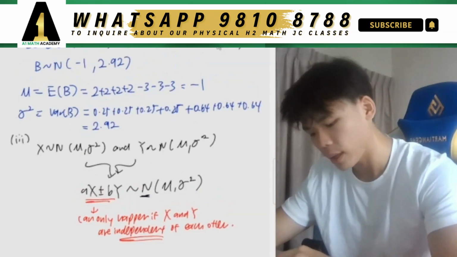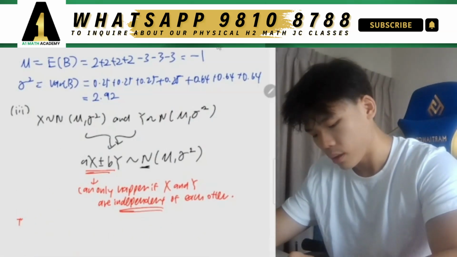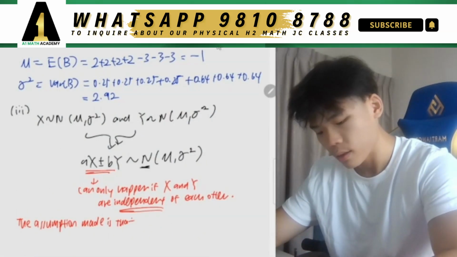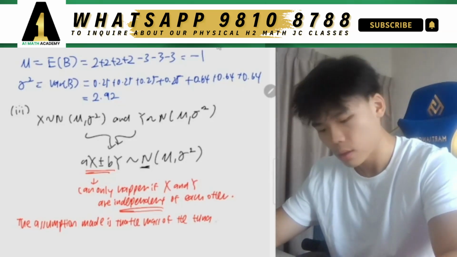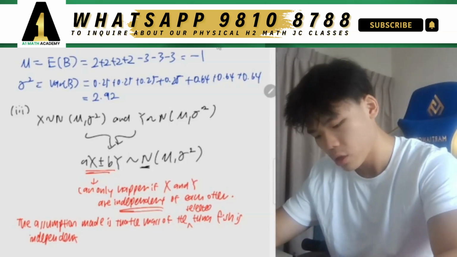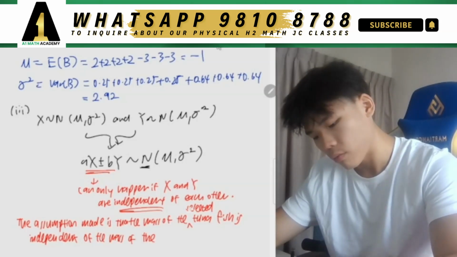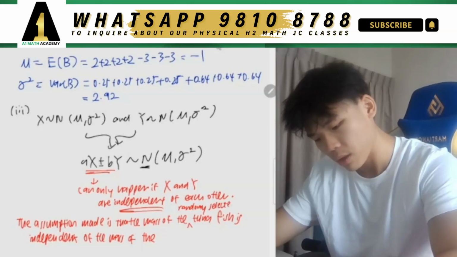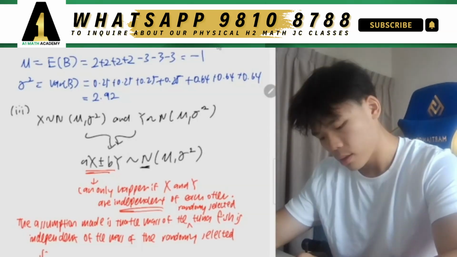So to contextualize in this question, we will say that the assumption made is that the mass of the randomly selected tuna fish is independent of the mass of the randomly selected salmon fish.